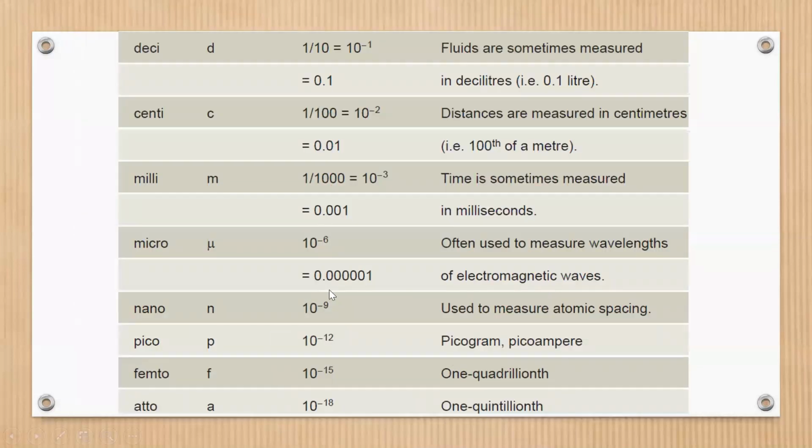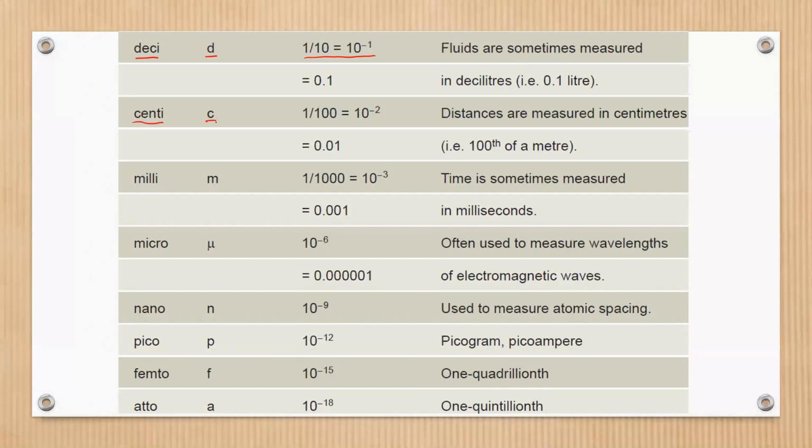Now we are going to see the small units. They were all big numbers. Now we can see the small ones in fraction. Deci, denoted by d, in fraction 1/10. An everyday example: fluids are measured in deciliters. Also the unit decibel.